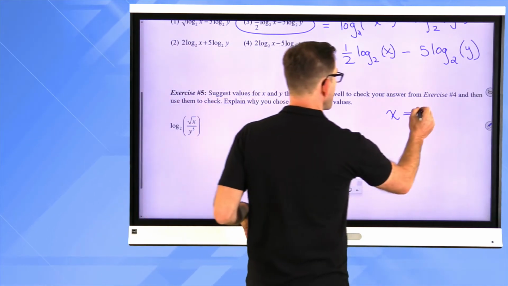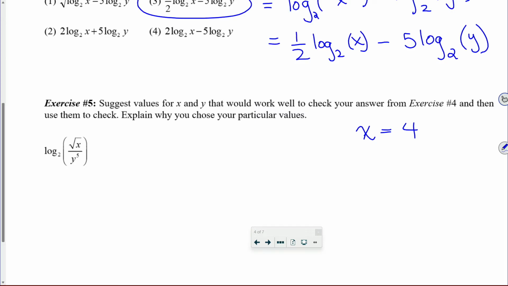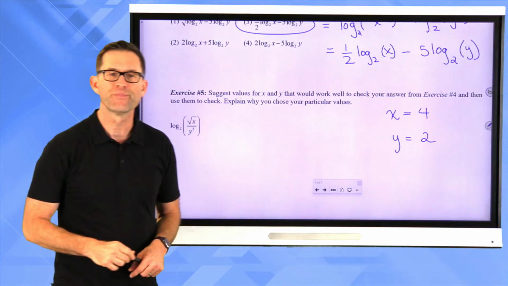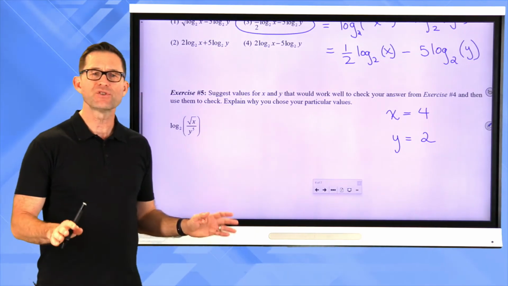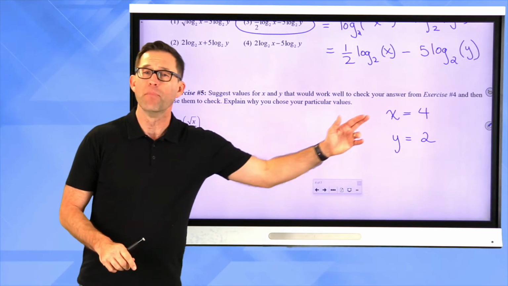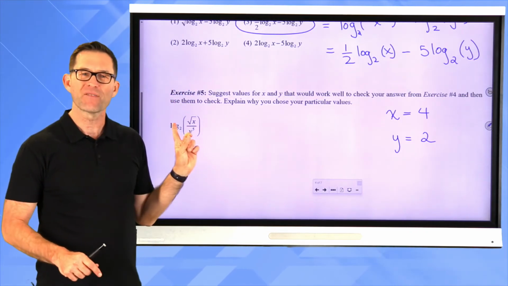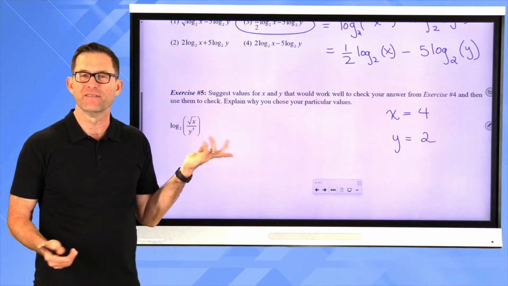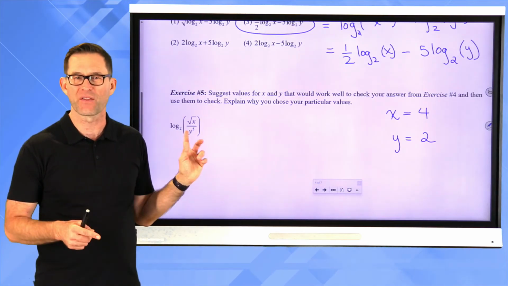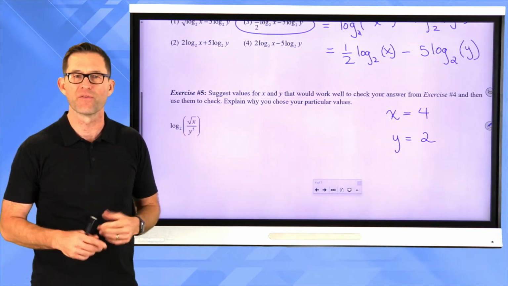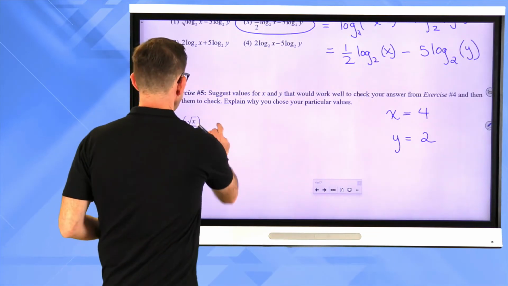So maybe x is equal to 4. And y is fine, but I'm going to have to raise y to the 5th, so maybe y will be equal to 2. Again, I'm using these two values specifically because both of these are natural whole number powers of 2, and I've got to take the square root of x. So if I want to check this, it's best if I can take the square root of a nice number. So let's check these two.